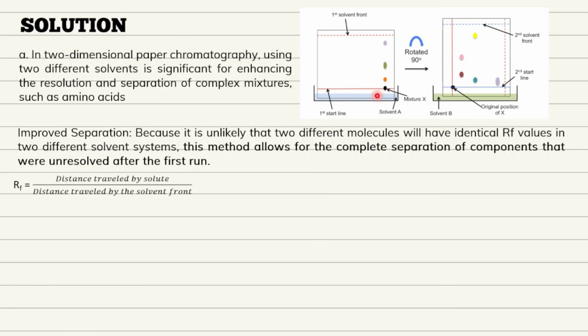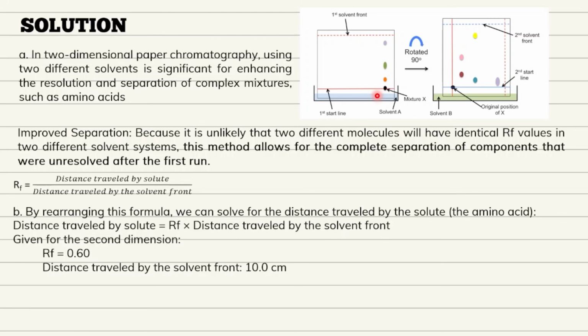So for question 2, I'm also going to go back to this formula: distance traveled by solute divided by distance traveled by the solvent front. And we're being asked to calculate the distance moved by the amino acid rather than the RF value. So we are basically looking for the numerator.